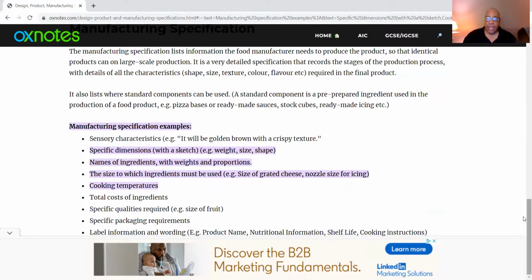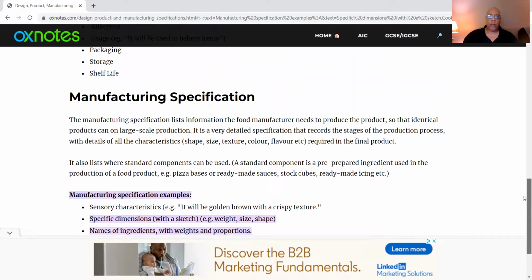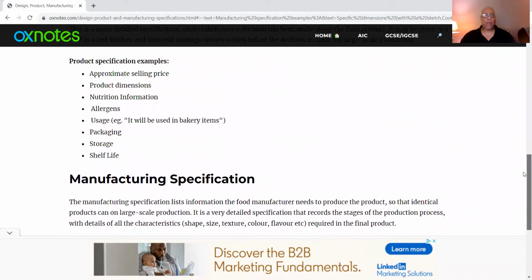And this is just making a pizza. Total cost of ingredients, specific qualities required, specific packaging requirements, label information and warning. That is a manufactured specification.